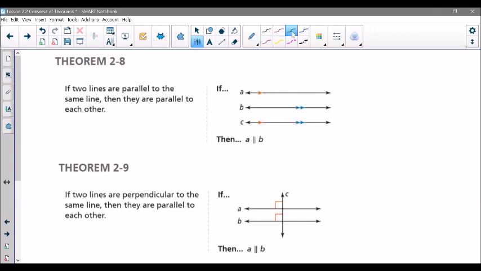All right, so what that means is, just looking at this picture here, we know that line A is parallel to line C. We know that by the arrows on the picture.